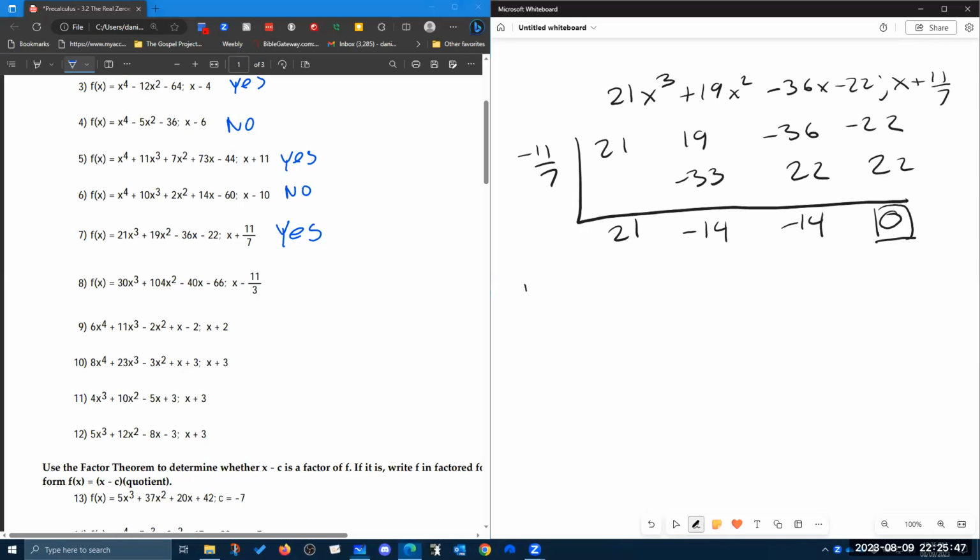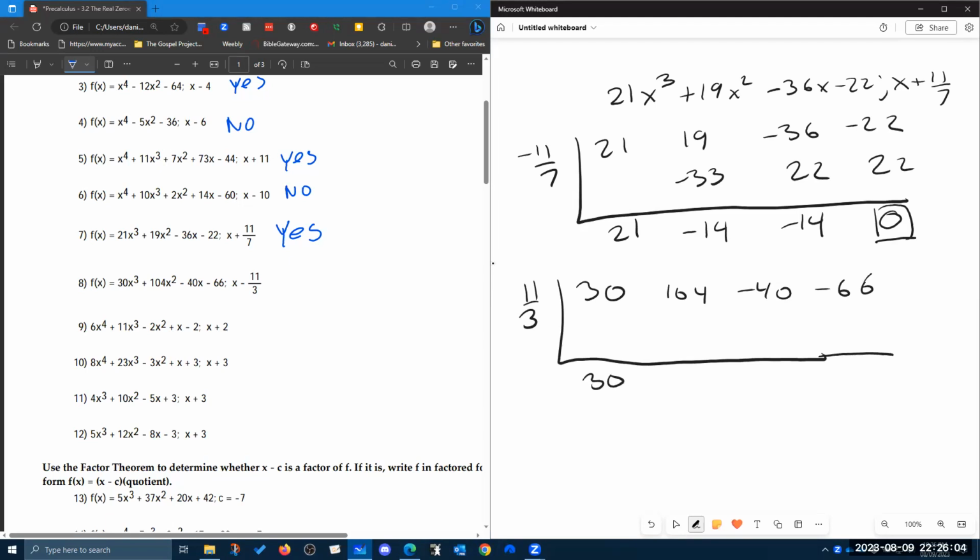So let's just set up the next problem here. 3, 104, negative 40, and negative 66. 3 goes into 30 10 times. It's 110.